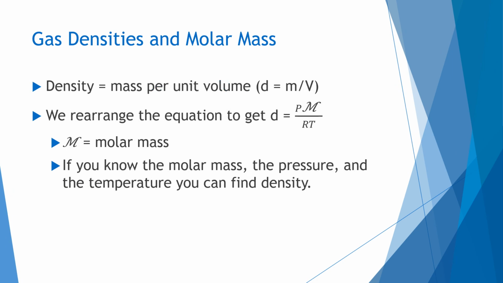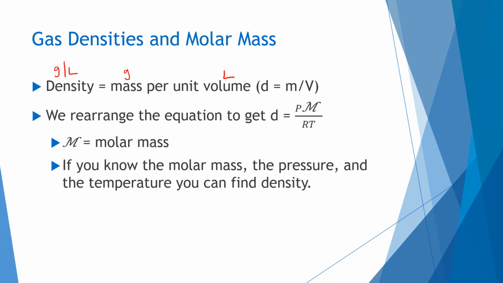So for density, we need to remember that it is mass divided by unit volume. Our mass is measured in grams and our volume is measured in liters, so density is going to have the unit of grams per liter in our case.